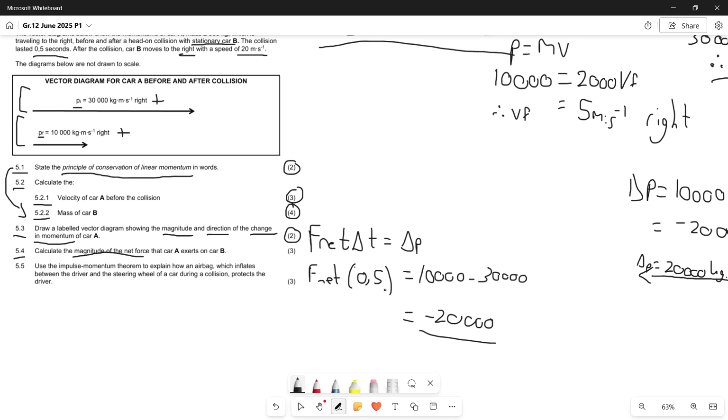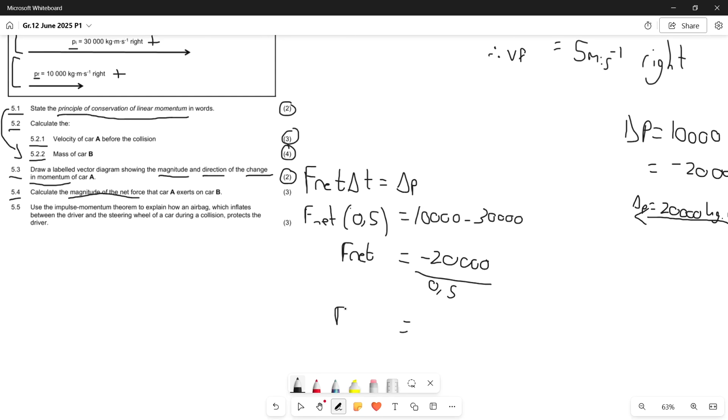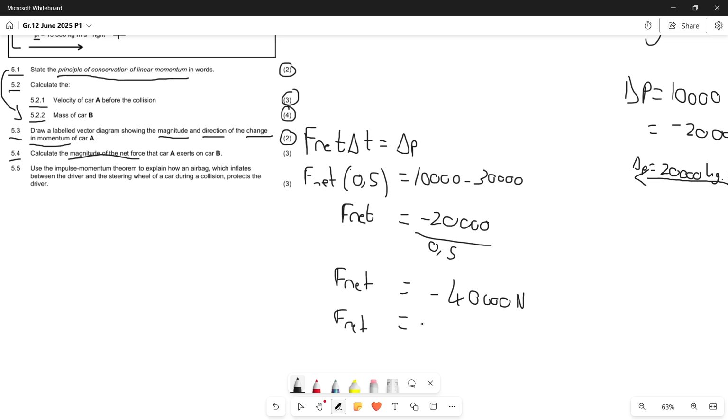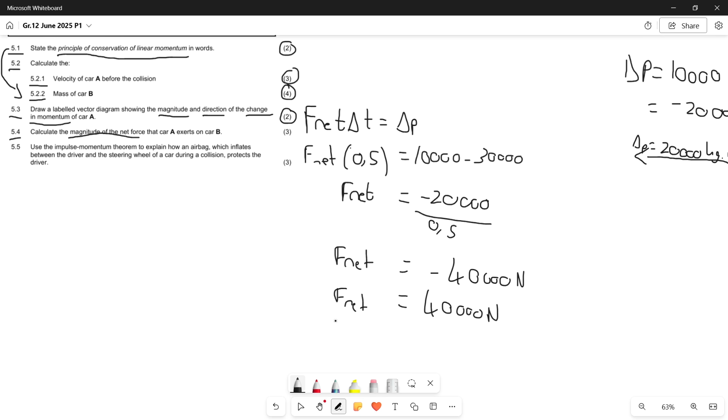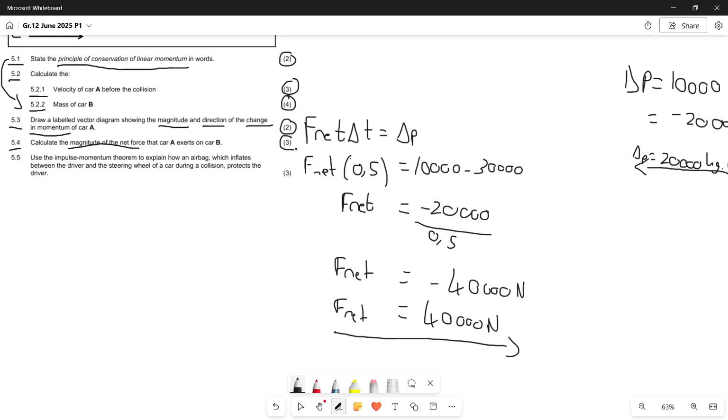And then we can divide by the 0.5 over there, leaving our F net as the only thing on the left side. And that means our final answer for F net is minus 40,000 newtons, which just means it is 40,000 newtons to the left, considering negative is to the left, but they only asked for the magnitude, not the direction. So we can just leave our answer here, and we are done with this question. So we just earned 3 marks over there.